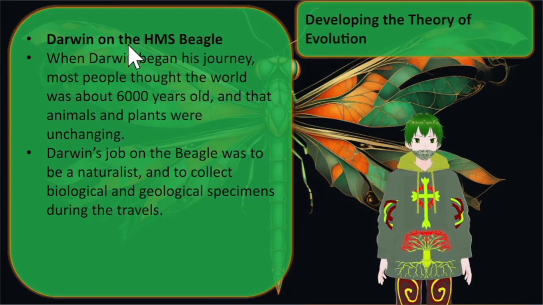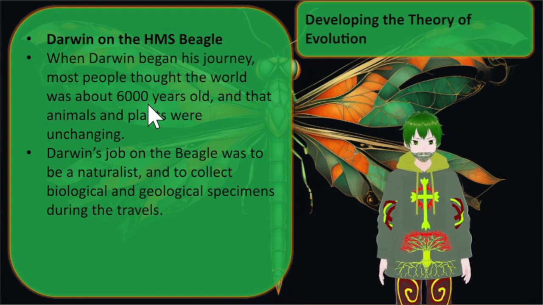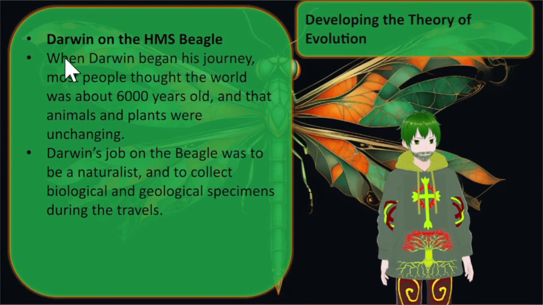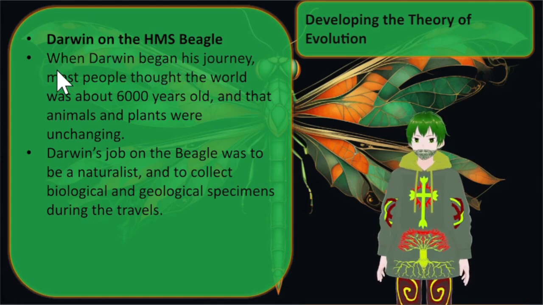All right, so Darwin on the HMS Beagle. This is a somewhat famed story. Charles Darwin was a young man, went on a ship and sailed around the world, and as he did so, he made many observations.